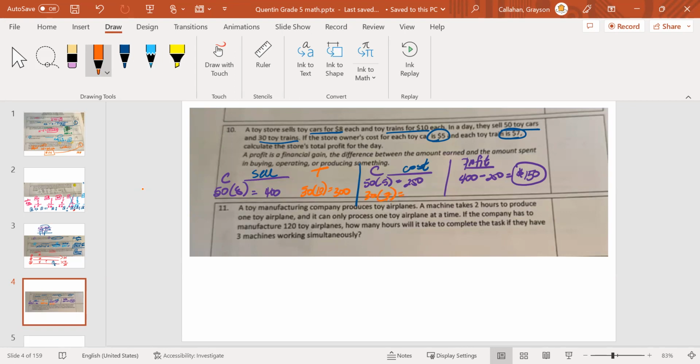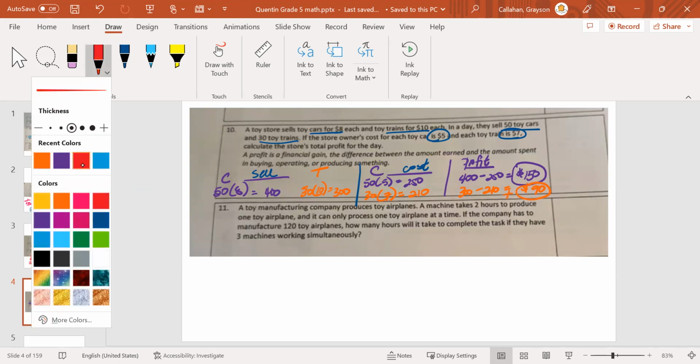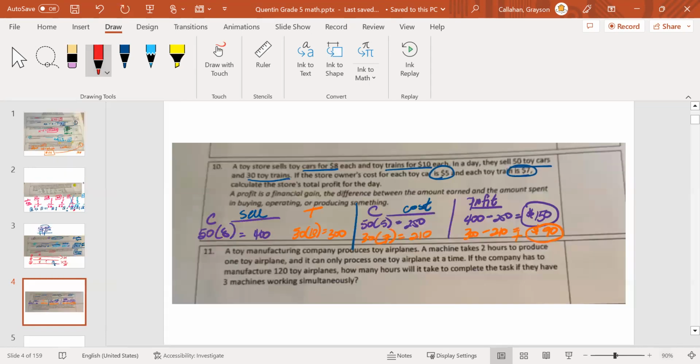So what's 30 times 7? So what's 300 minus 210?